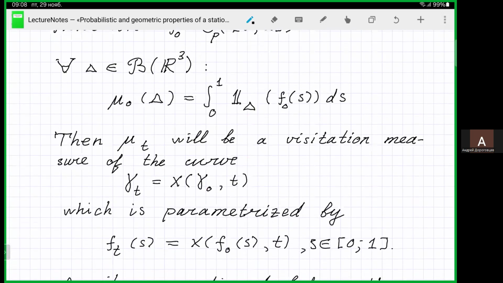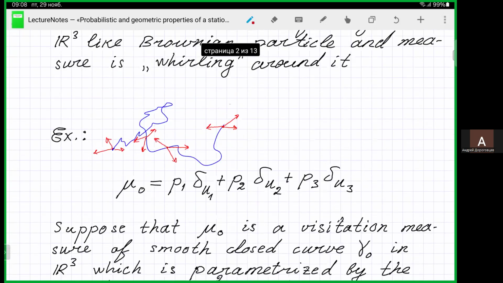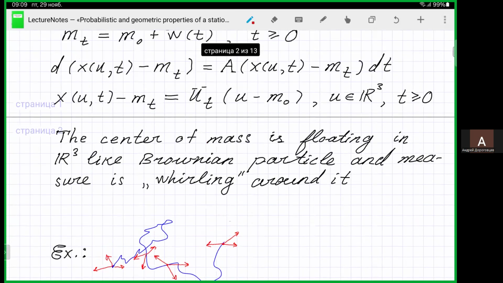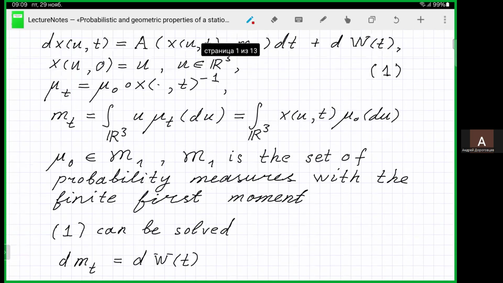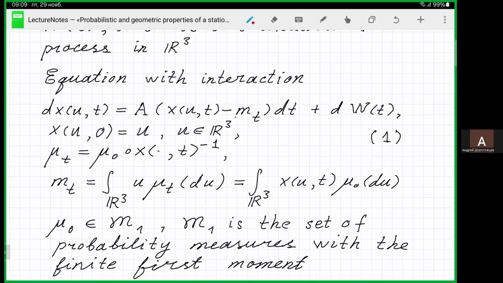Gamma_t is an image of gamma_0, let me emphasize this, under the mapping X. But we can see that the mapping X is a solution to a differential equation. Let me emphasize, the initial differential equation.